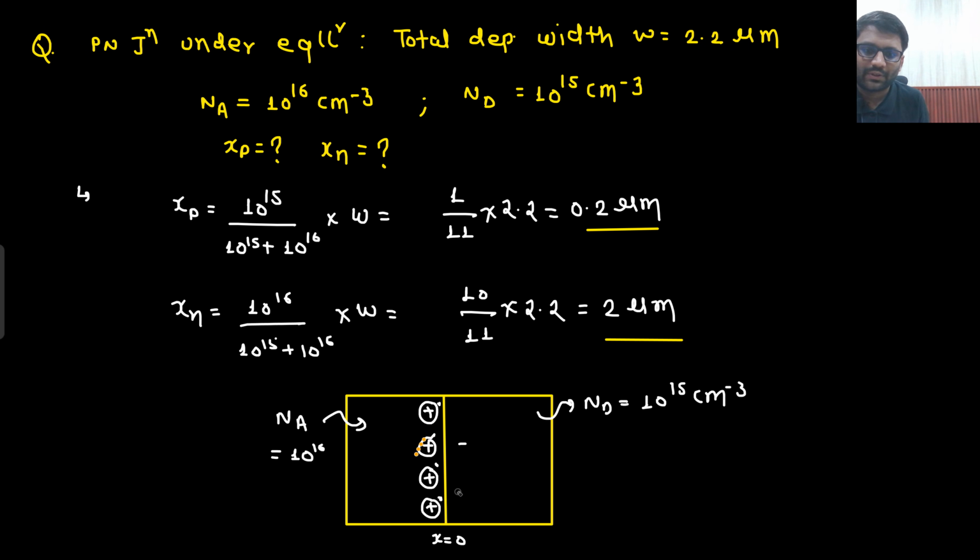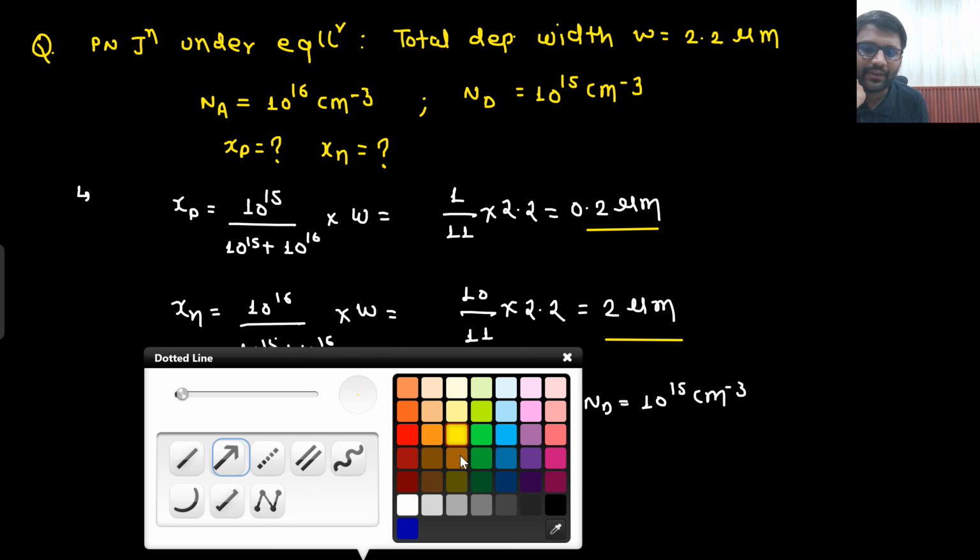This is your P side, where there is more doping. And what is your N side? Lesser doping is there. Let's say this is the depletion width we are getting.